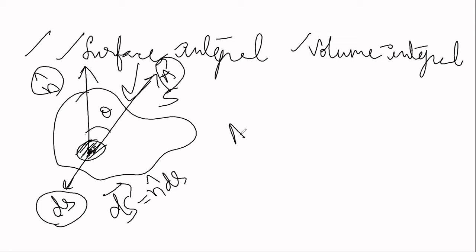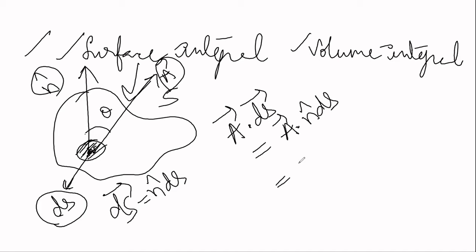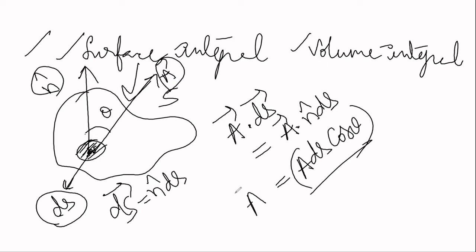Now the scalar product A dot ds bar, what does it give? A bar dot n cap into ds, right? So that is A ds cos theta. Because we know that the dot product of any two vectors gives the modulus of A, modulus of ds, and the angle between the two vectors.